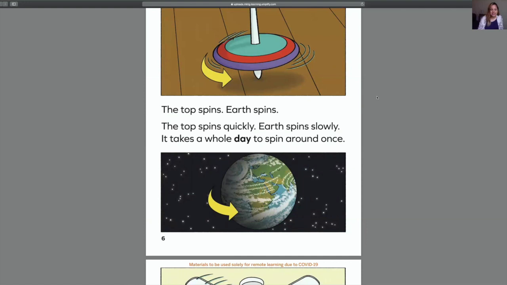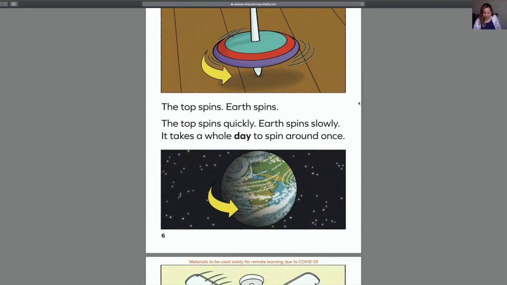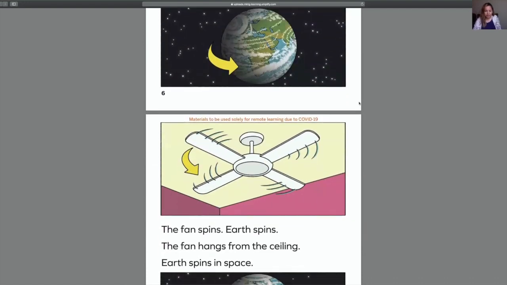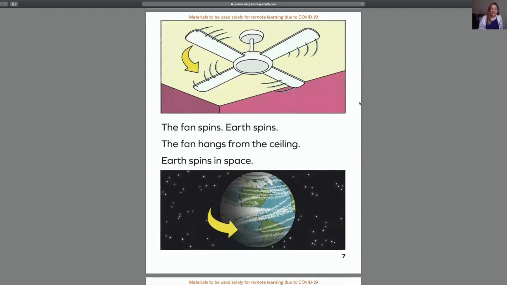Earth spins. The top spins quickly. Earth spins slowly. It takes a whole day to spin around once. The fan spins, Earth spins. The fan hangs from the ceiling. Earth spins in space.